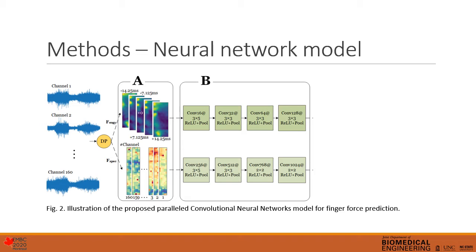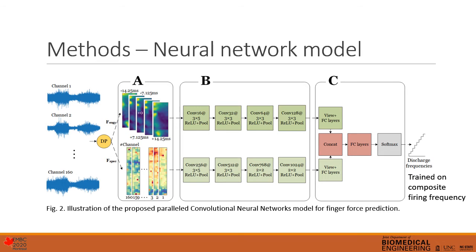The upper pathway extracted high-level representations from the feature of energy heat maps. The lower pathway extracted high-level representations from the feature of frequency spectrum maps. Each convolutional layer was followed by a max pool module and activated by the ReLU function.